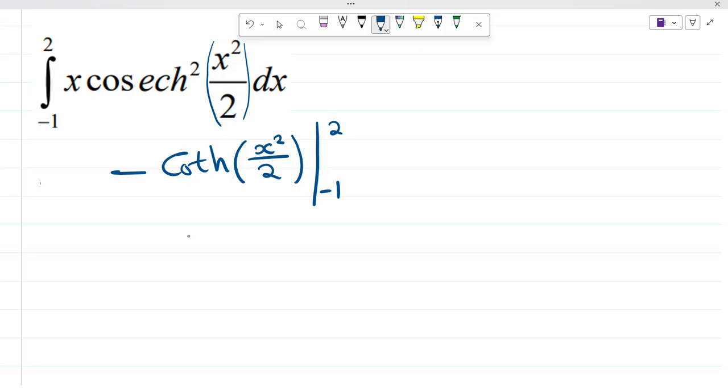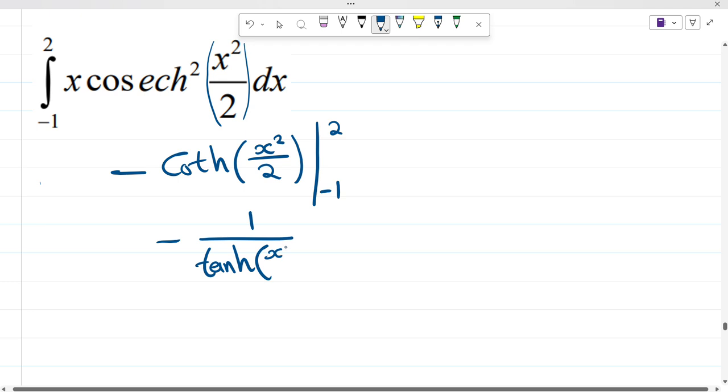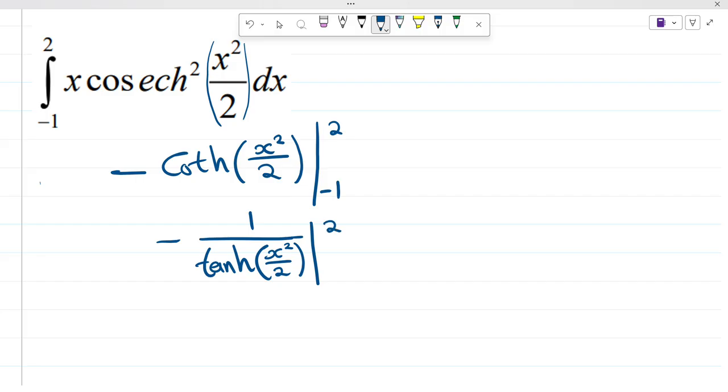So we're going to change it to its equivalence when it comes to what is that? Reciprocal. So this is going to be hyperbolic tan of x squared over 2. Then you put your limits being 2 and -1. Then you substitute the limits here.